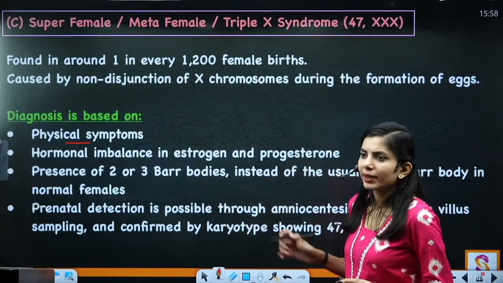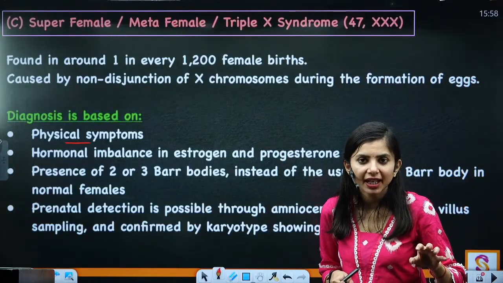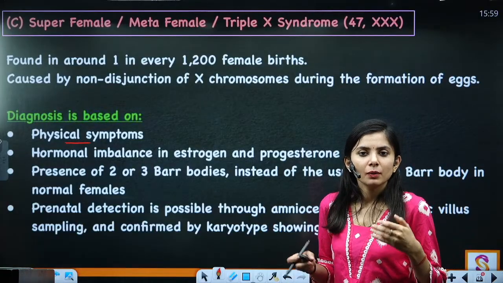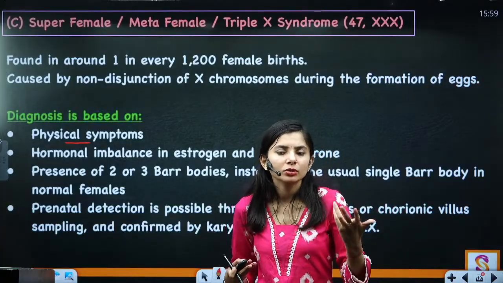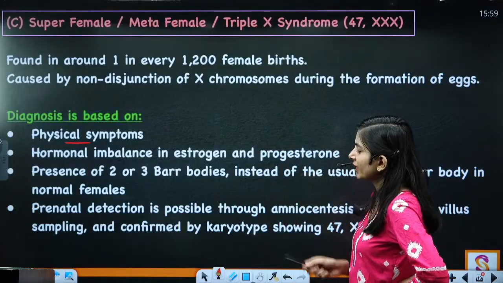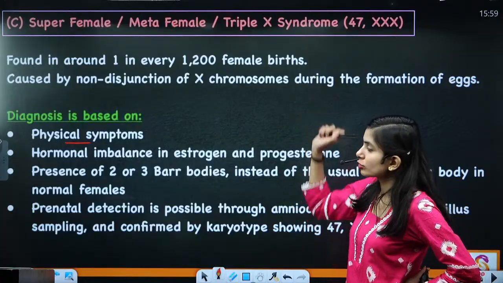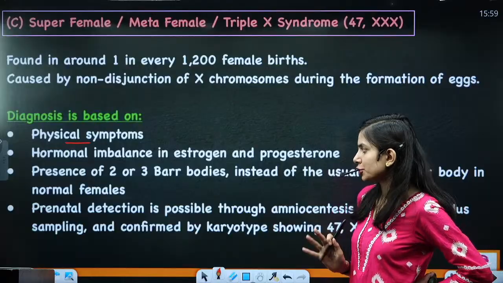Here also you need to understand, in terms of the egg formation and the shedding of the egg, it is the level of progesterone and estrogen. Even when a female conceives a child, it is also the level of estrogen and progesterone. Here you need to understand that this hormonal imbalance would be there in case of the super female, and therefore they are not going to be fertile for sure.